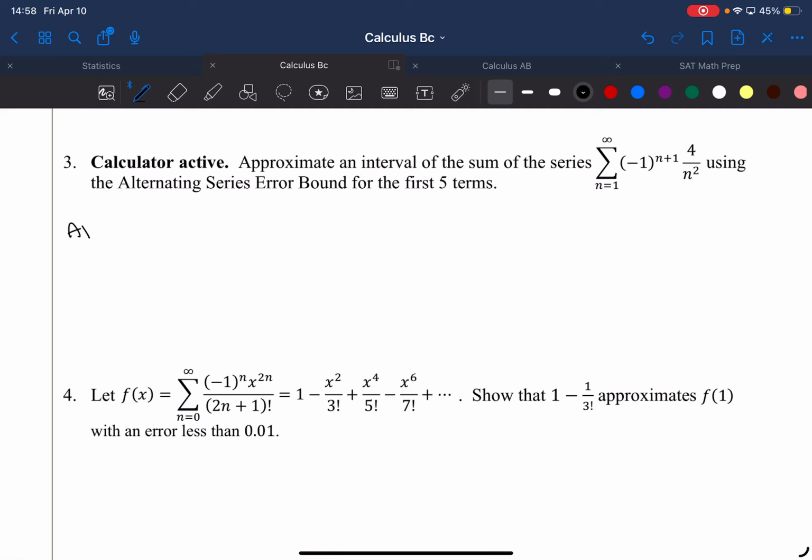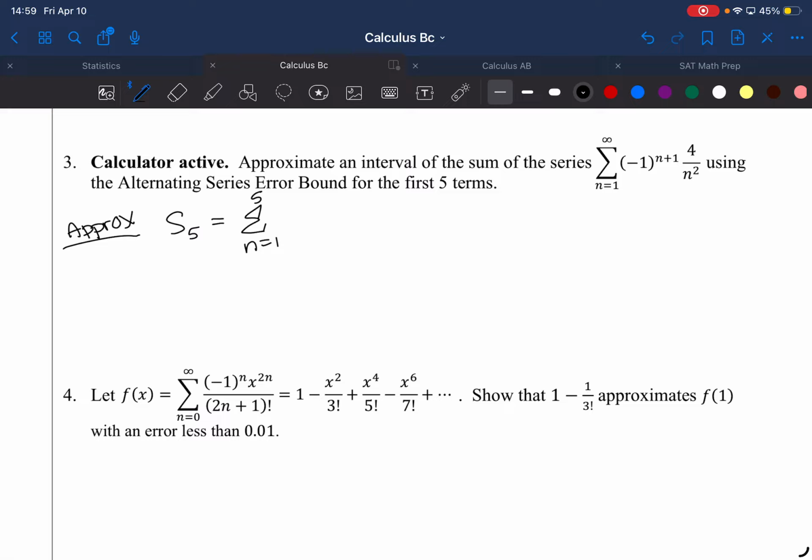So first we need to find the approximation, and that is s sub 5. We look at our series, which is already given to us, and do the summation of n equals 1 to 5. So instead of going to infinity, we're stopping at 5.